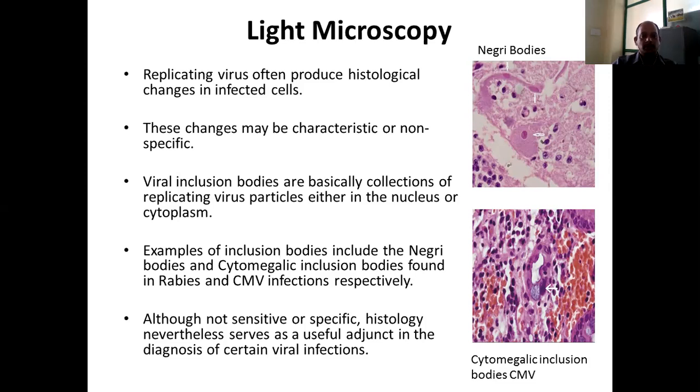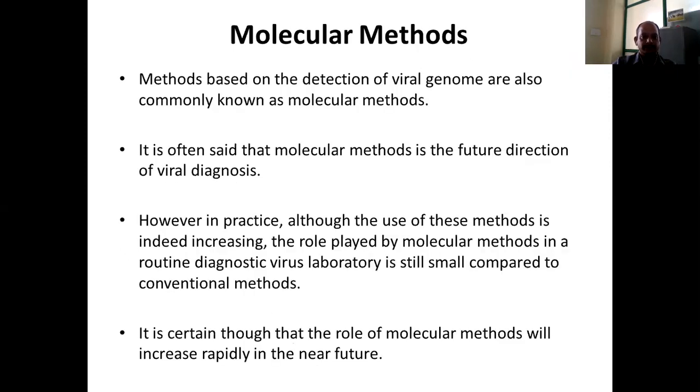Examples of inclusion bodies include the Negri bodies and the cytomegalic inclusion bodies found in rabies and cytomegalovirus infection, respectively. Although not sensitive or specific, histology nevertheless serves as a useful adjunct in the diagnosis of certain viral infections.